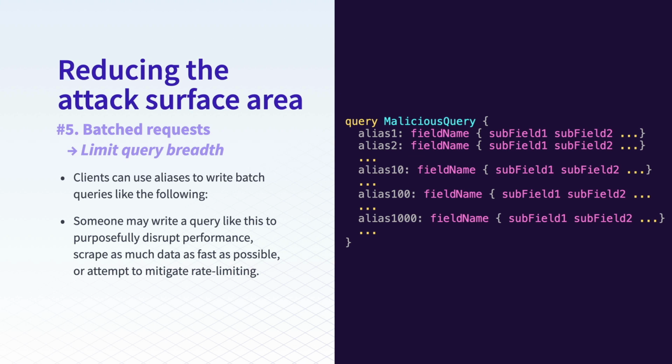We talked earlier about query depth, which was showing how you could write some really nasty, deeply nested queries. Well, you can also write wide queries, queries with breadth to them. Clients sometimes do this to perform batching, which is executing a number of operations at the same time. And while that's okay, someone may attempt to use this GraphQL feature as an exploit to purposefully disrupt performance and scrape as much data as they can, or to attempt to mitigate rate limiting.